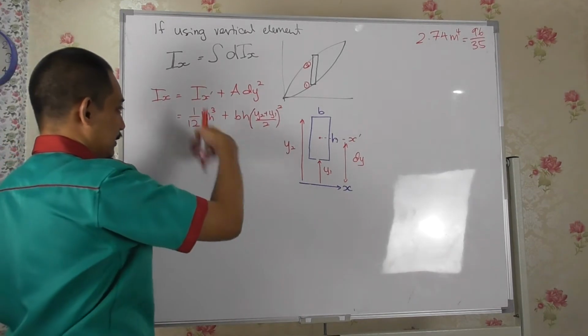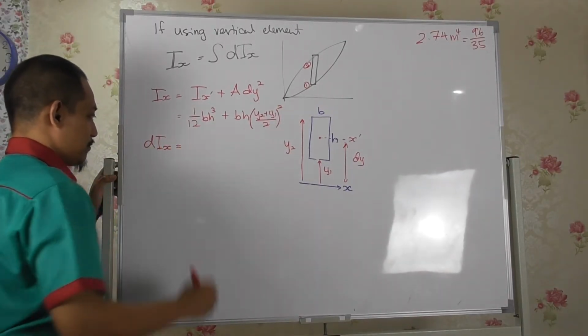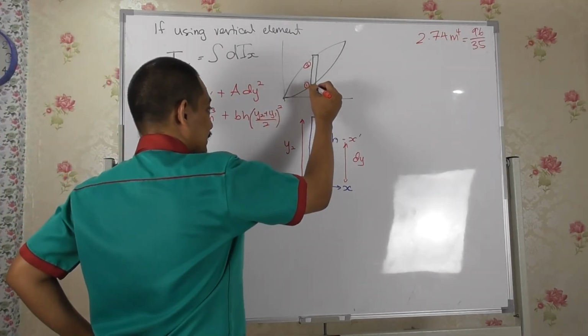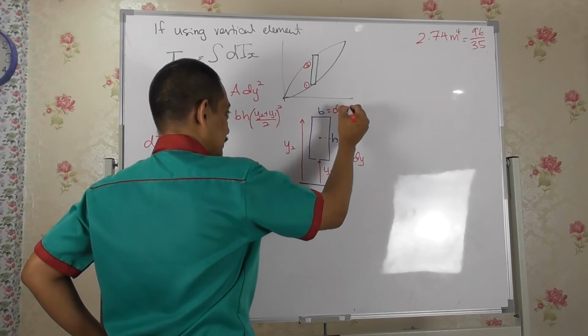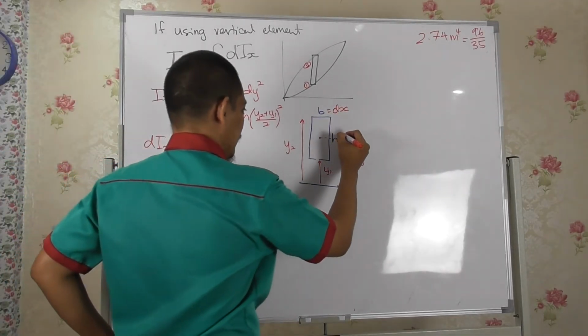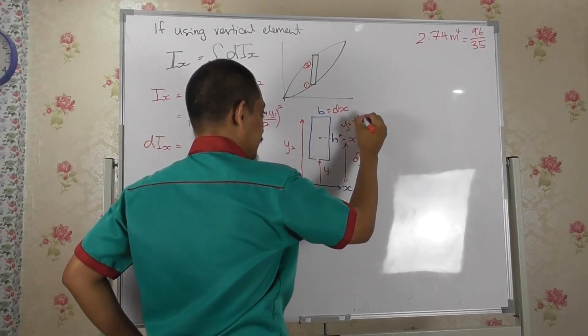Okay, based on this, what is dIx for the differential element? Because this is dx, B will become dx. H is simply the difference between y2 and y1, so it becomes y2 minus y1.